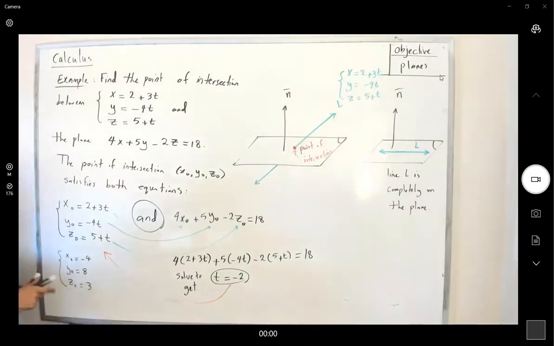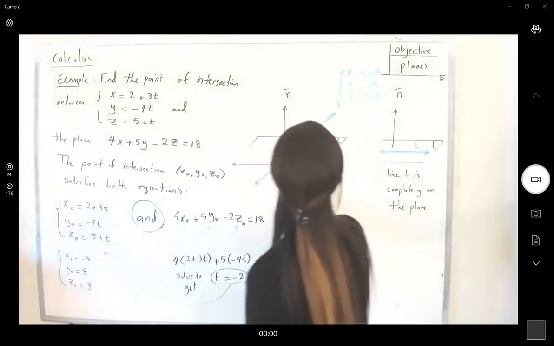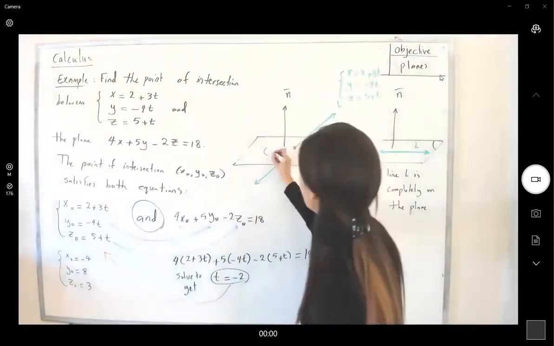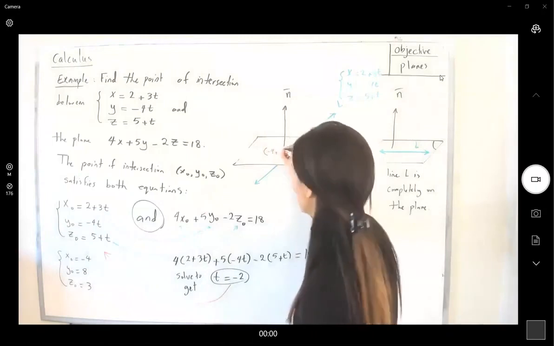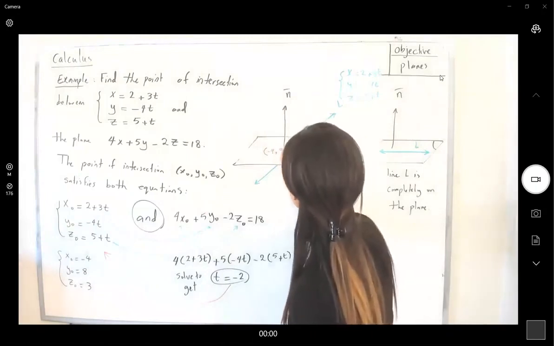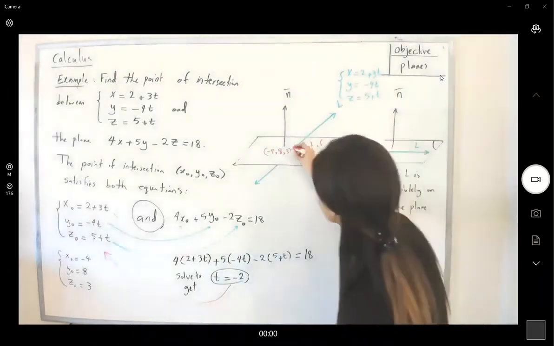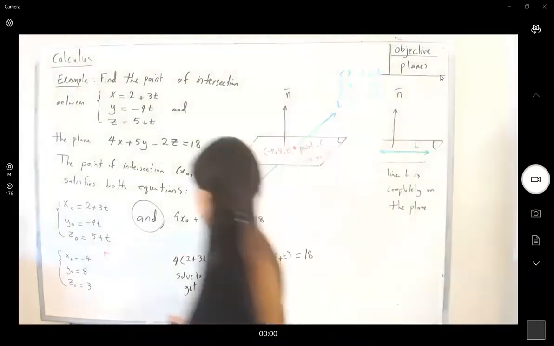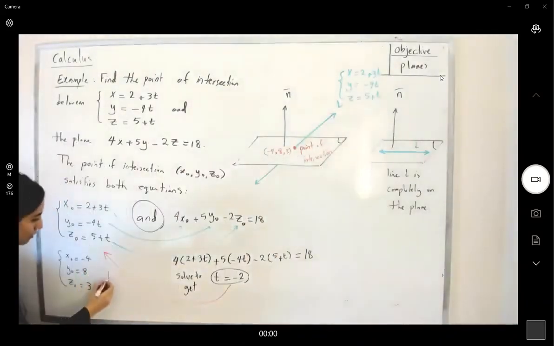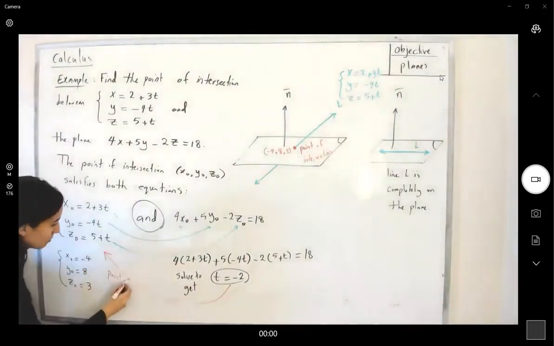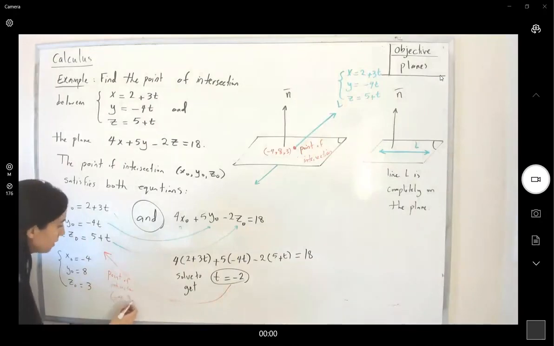So this point has coordinates negative 4, 8, and 3. Point of intersection: negative 4, 8, and 3.